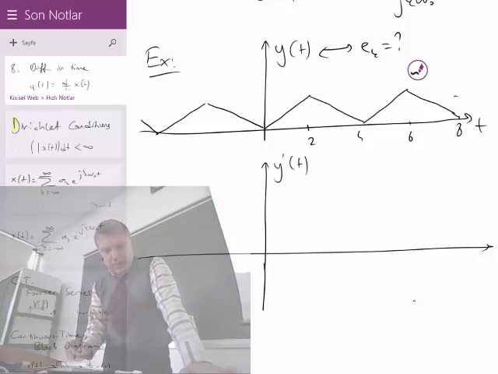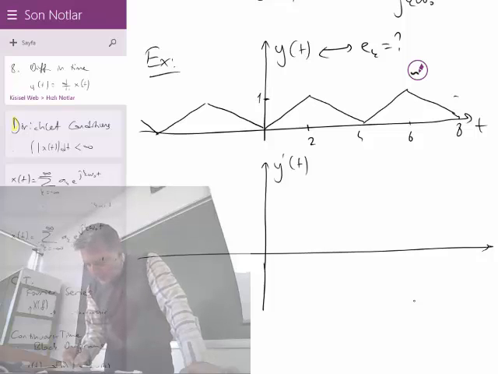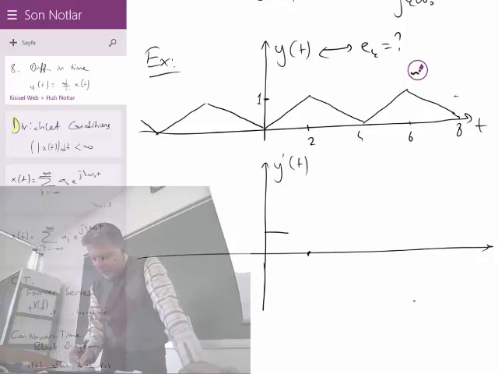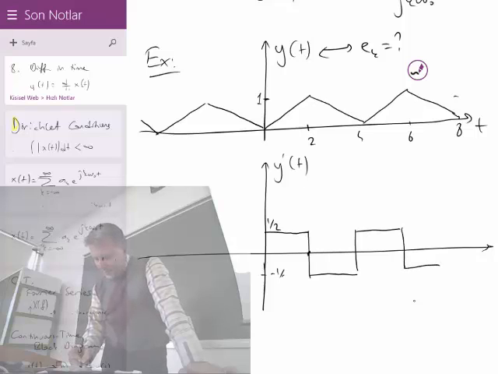By the way, I must put a label here. It is 1. So the slope up to 2 is 1 over 2, and then from 2 to 4, it is minus 1 over 2. And then it becomes 1 over 2 again, and then after 6, it becomes minus 1 over 2 again. And at the left hand side, it is going on as well.